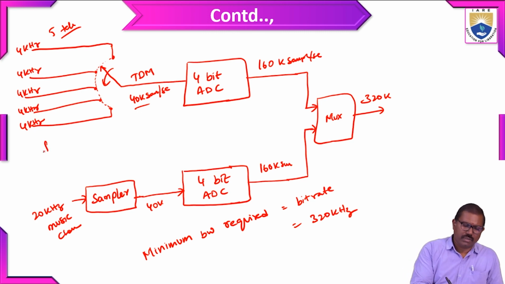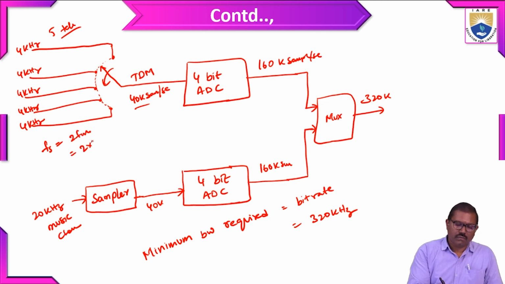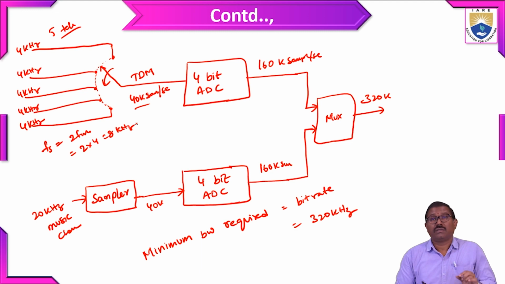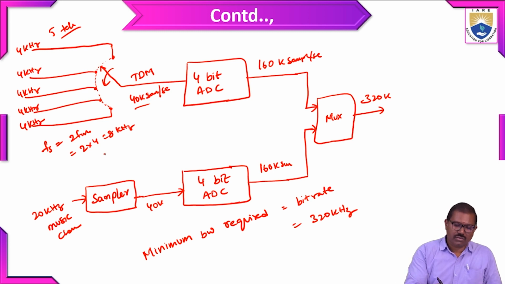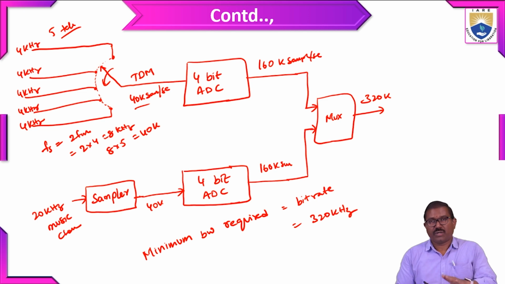Because here the sampling Fs is equal to 2 Fm, so 2 into 4 is 8 kilo. Okay. So each channel is sampled at a rate of 8 kilohertz. How many channels? 5 channels. So this 8 into 5 gives 40 kilohertz. Okay. That is the sampling.